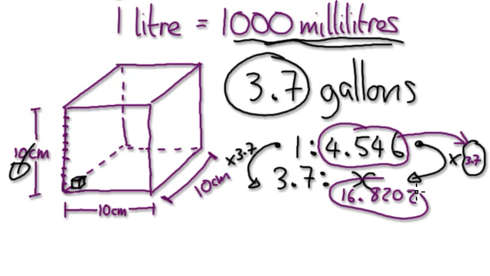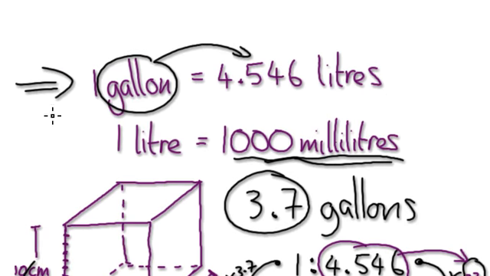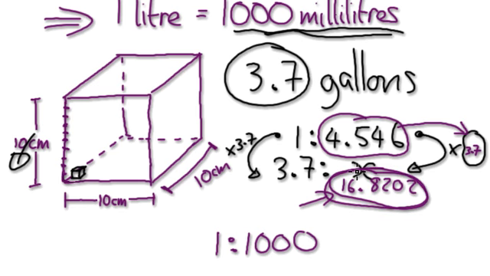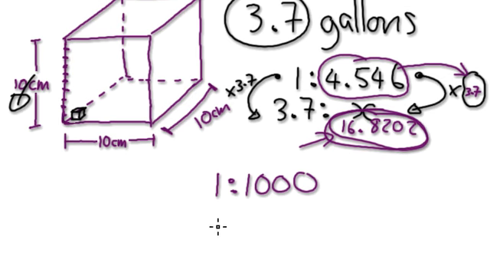Now this here is our liters. So at the moment we've got 16 point something liters. Let me clear this up, my pen's not working properly. So 1 liter equals 1,000 milliliters, and now we've got 16 something liters.